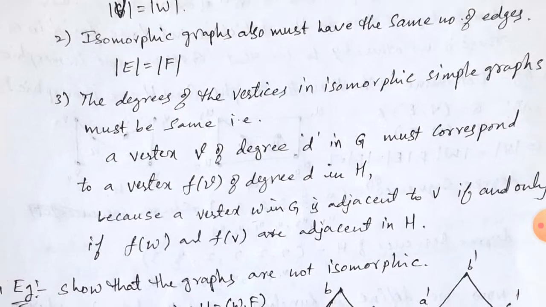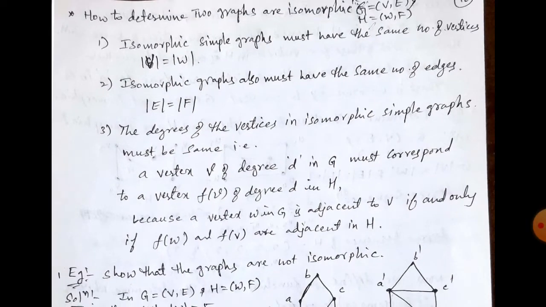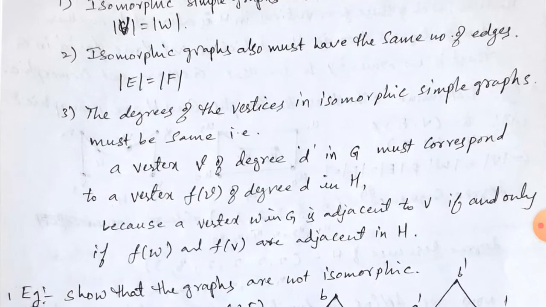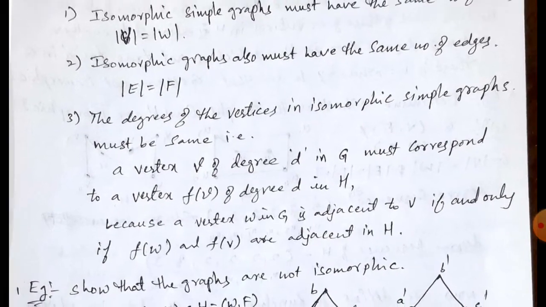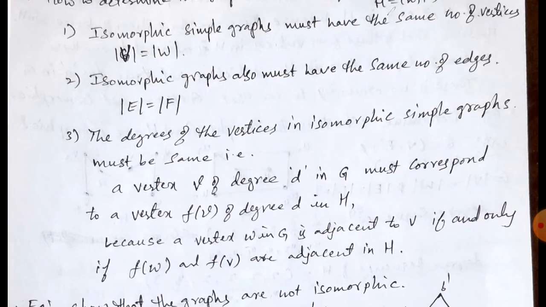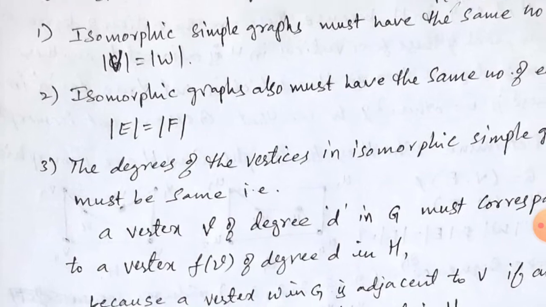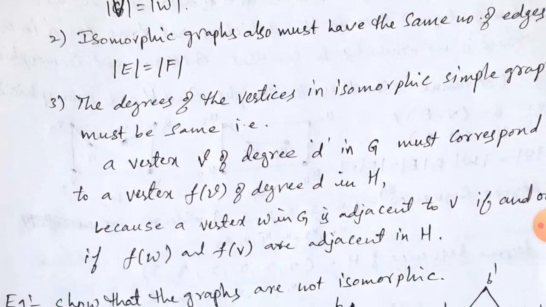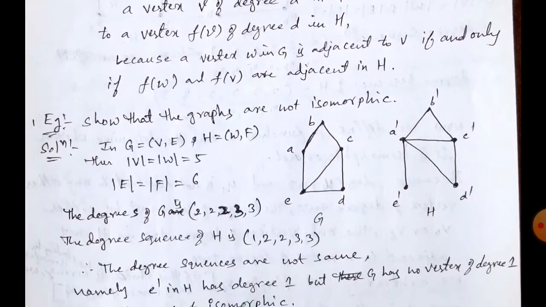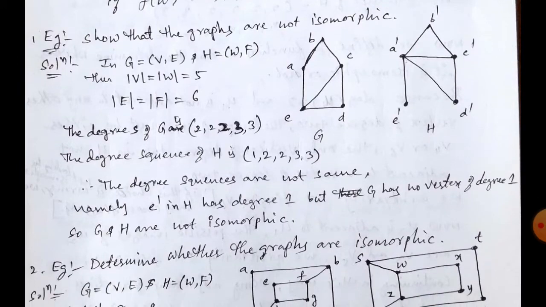If these are satisfied, the graphs may or may not be isomorphic, but in isomorphic graphs these conditions must compulsorily be satisfied. Later we will see an example showing that graphs are not isomorphic.